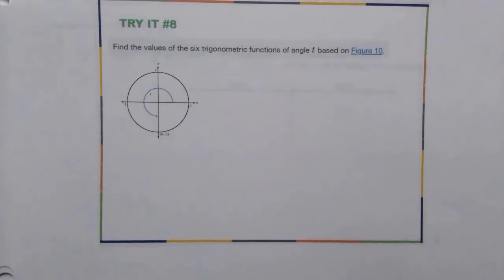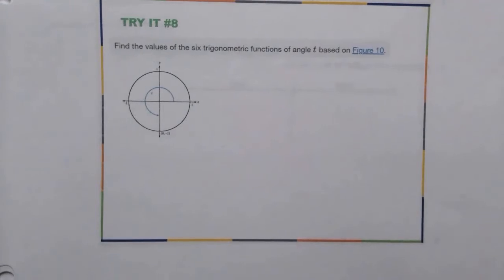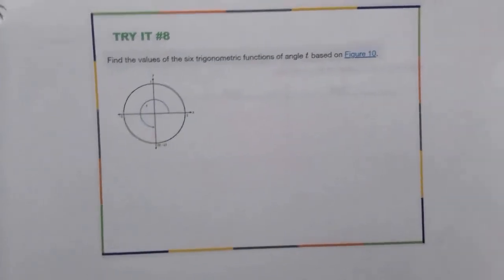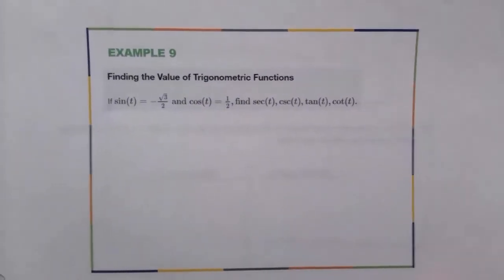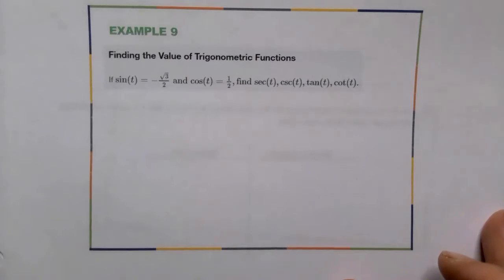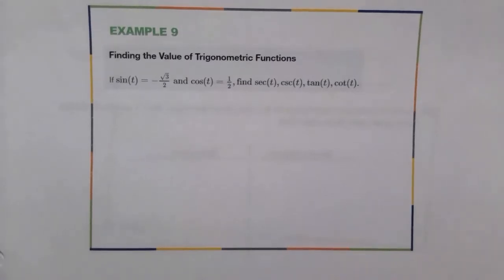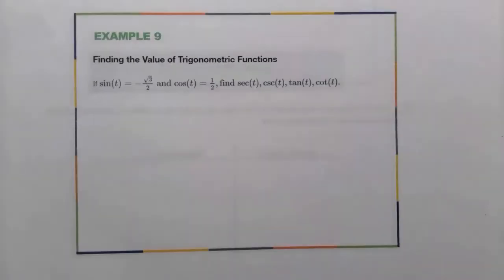Pause here and try it. And let's move forward. If you have any questions, let me know in class or in the chat. And we're going to look at the next example, number 9 for this section.